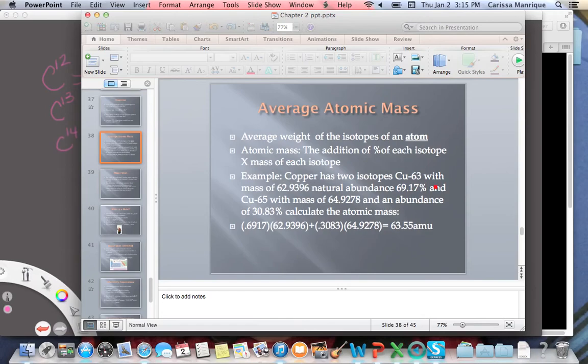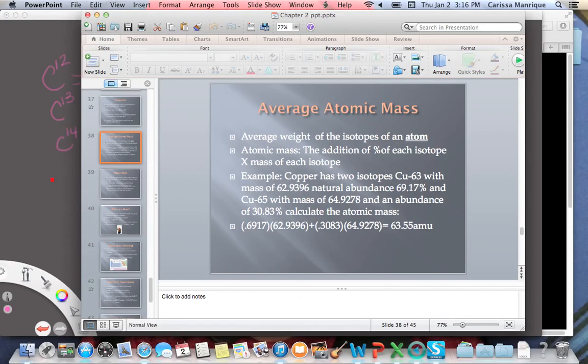So let's look at this example we have here. Copper has two isotopes, copper 63, which weighs 62.9396 and is 69.17% abundant, and copper 65, which weighs 64.9297 and has an abundance of 30.83%. Okay, so let's write this down.